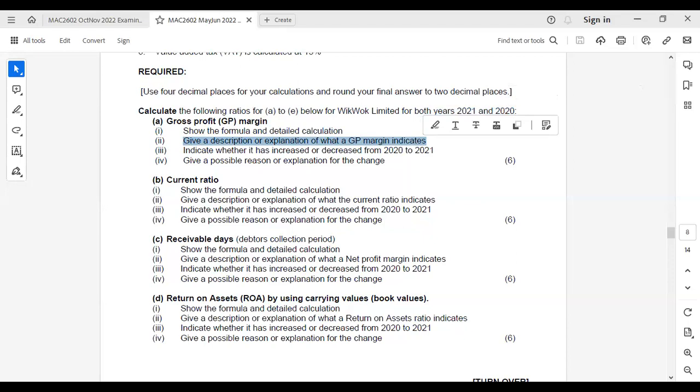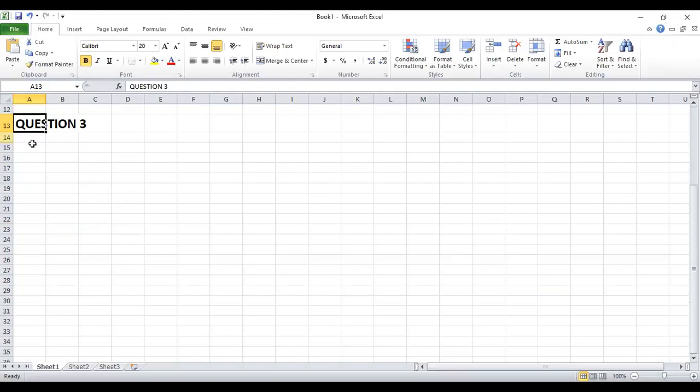So say A, gross profit margin. Let me open the paper so that I can be accessing it.